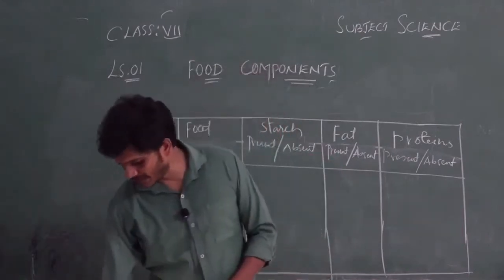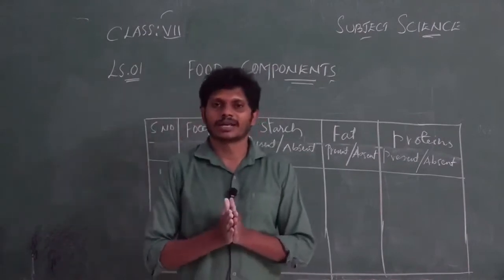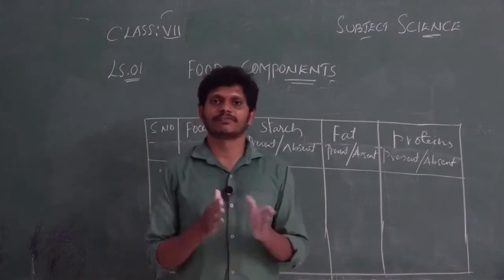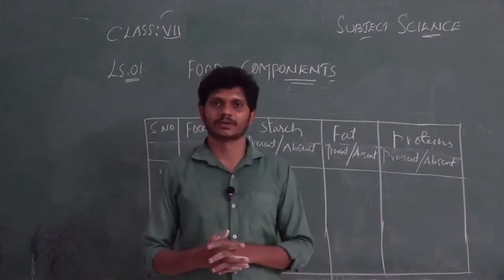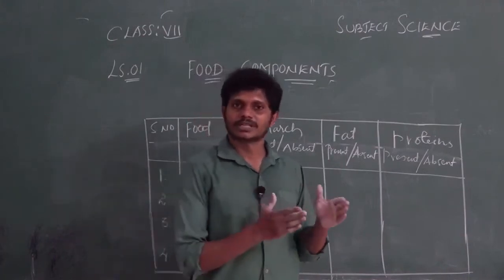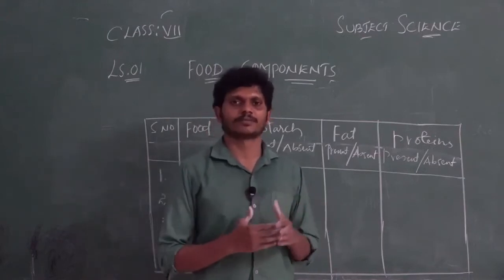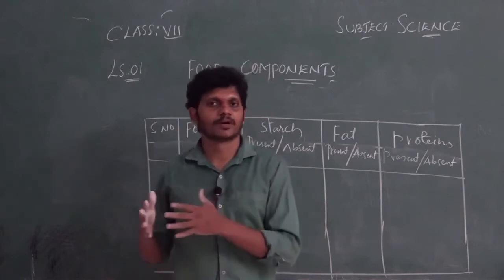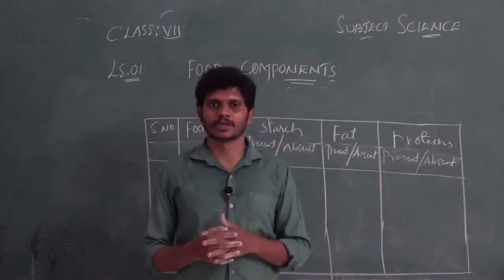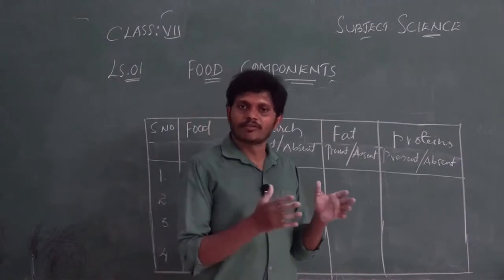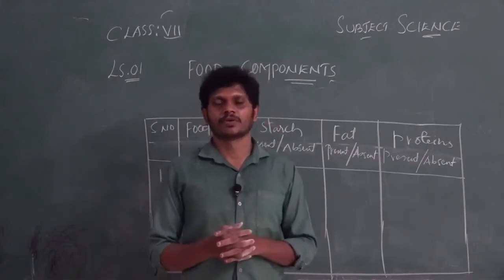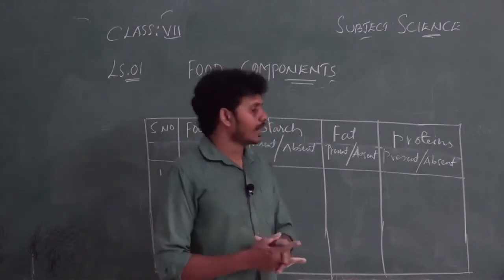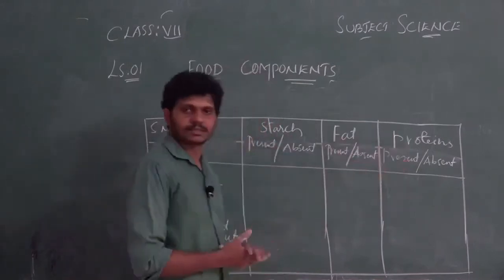We already completed different types of tests for different food materials: test for starch, test for fat, test for proteins. So take a variety of food materials available to you and make a tabular form like this.